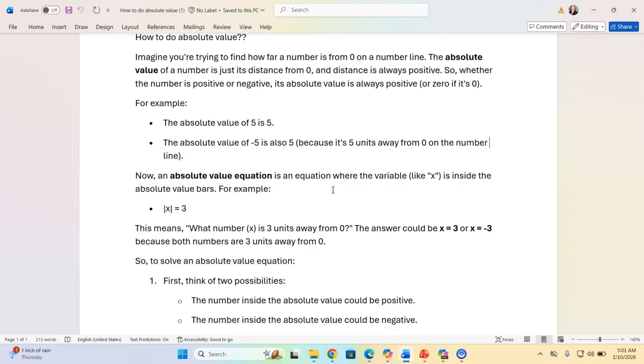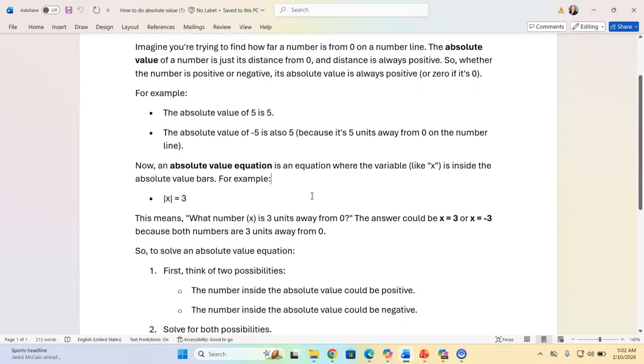Okay, so the absolute value equation, let's get back to the math academic terminology. You notice that we added the word equation. It's an equation where the variables, like x, for example, you see letters a lot of times, maybe a or b or x or y. In this case, it's x. The absolute value equation is the equation where the variable, such as the x, is inside absolute value bars. You notice it's bars and not parentheses.